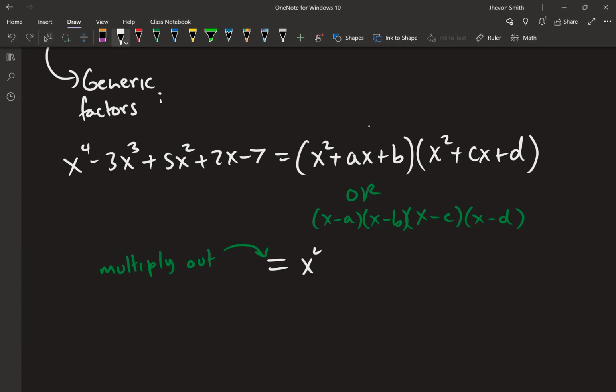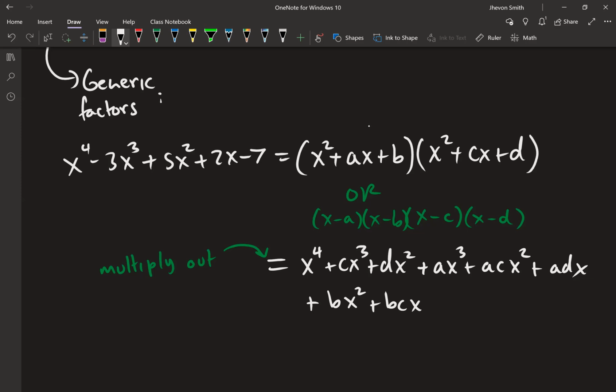So that's going to give me x to the 4th plus cx cubed plus dx squared. And so that's me taking the x squared in the left pair of parentheses and multiplying out the right pair. If I take the ax from the left pair and multiply out the right pair, I would get ax cubed plus acx squared plus adx plus, now take the b, bx squared plus bcx plus bd.